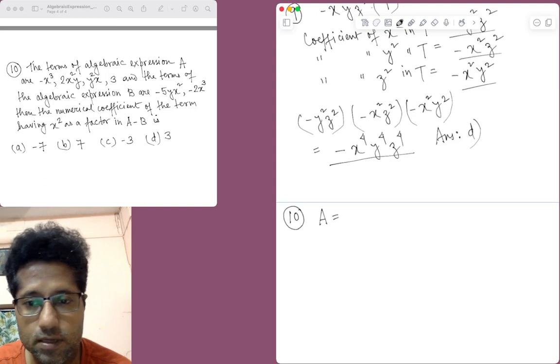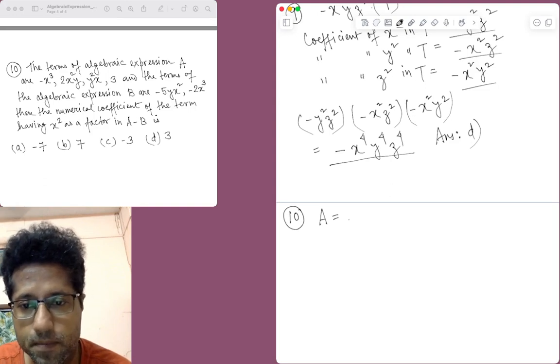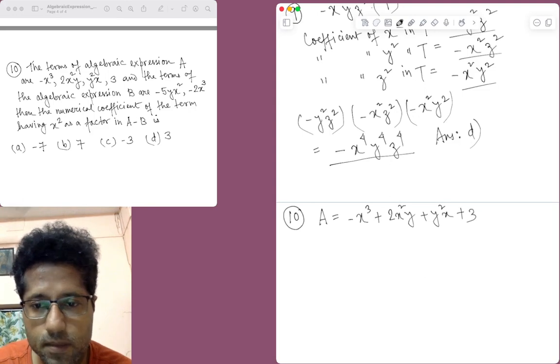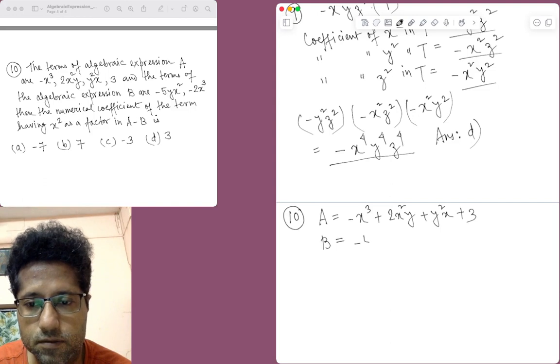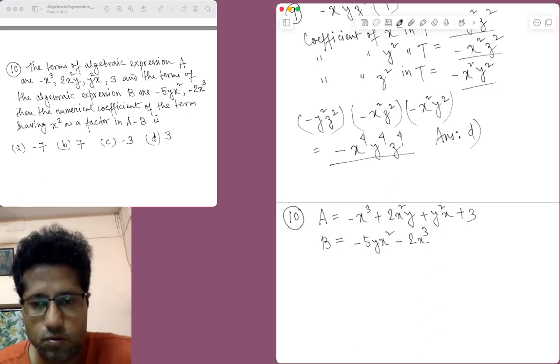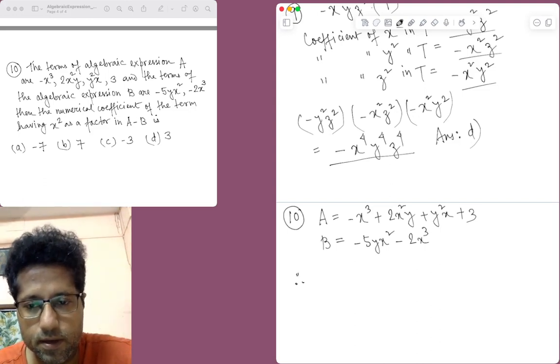From the terms we know that the algebraic expression A will be minus x cube plus 2x square y plus y square x plus 3, and similarly B will be minus 5 y x square minus 2x cube. So therefore we have to find A minus B.